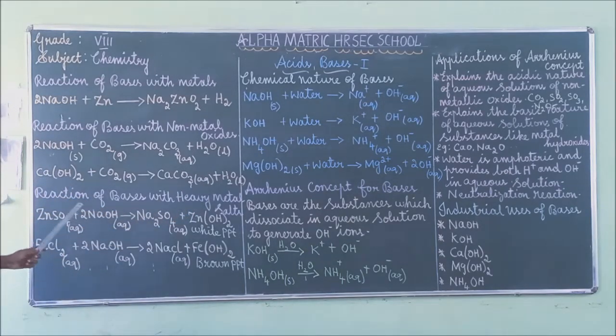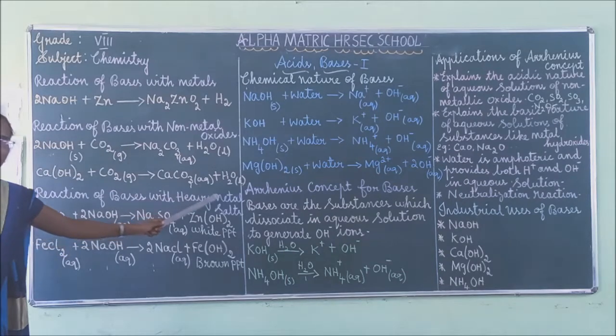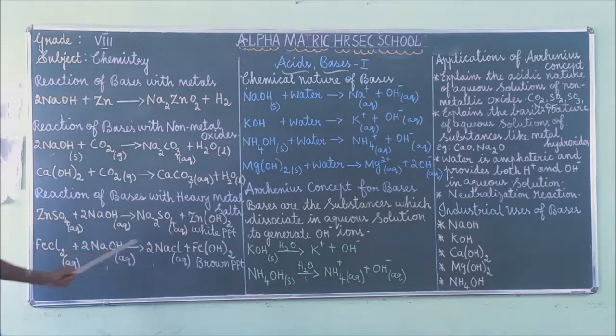Okay. Next one, reaction of bases with heavy metal salts. Right. This ZnSO4 is zinc sulfate. It is a heavy metal salt.